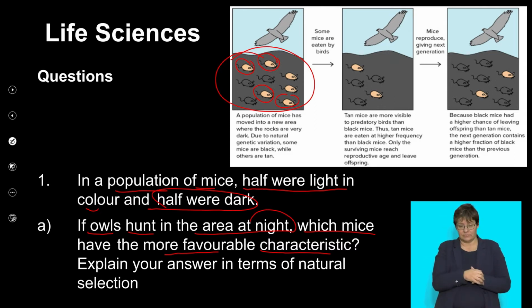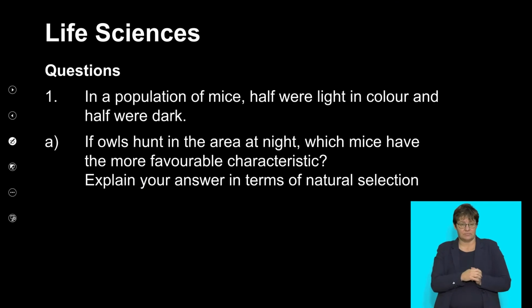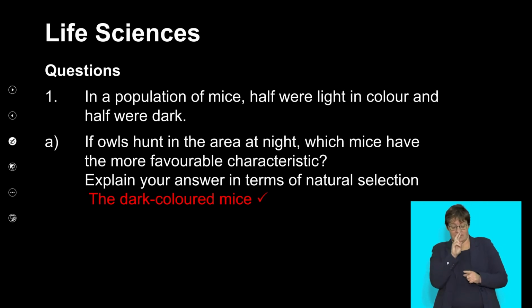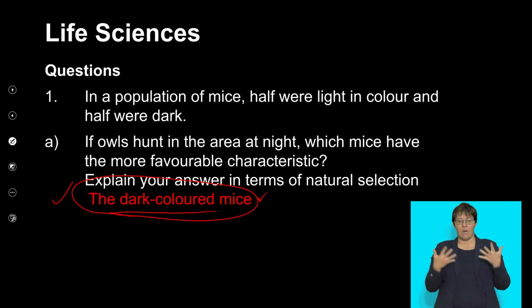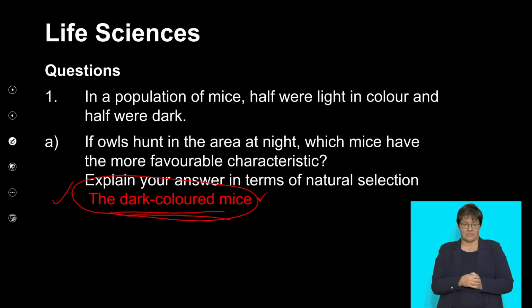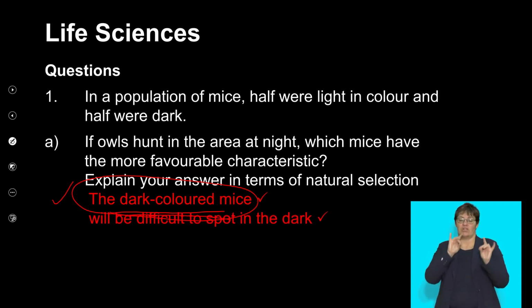So the answer to this question would be that the owls that are able to see at night are most likely going to target the white or bright colored mice. The ones more likely to survive will be the dark colored mice. And that is essentially the concept that underpins natural selection.